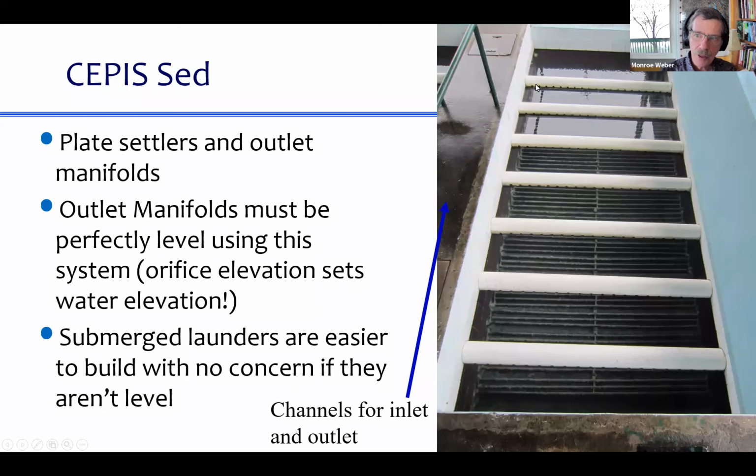There's a subtle thing here. See where the water level is relative to the orifices on these pipes? The water level is right at the orifices, which means that the level of the orifice is actually determining the level of the water in the tank. And that means that if those effluent manifolds are not perfectly level, if they're sloped a little bit, then the orifices are sloped, and then it will preferentially pick up water from the lower orifices.